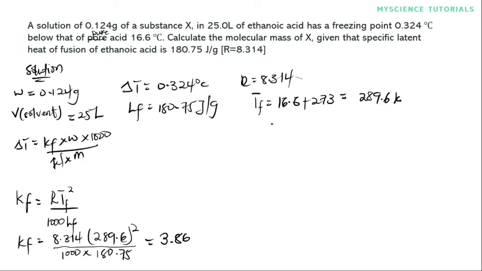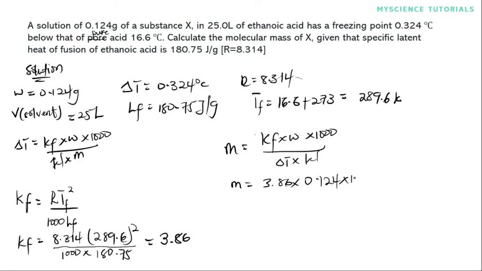So from here, if we make m the subject, we are going to have Kf multiplied by small w multiplied by 1000, all on delta T multiplied by capital W. Alright, so we have our molar mass equal to our Kf that we've calculated, 3.86, multiplied by small w, which is 0.124, multiplied by 1000, on delta T, which is 0.324, multiplied by capital W.